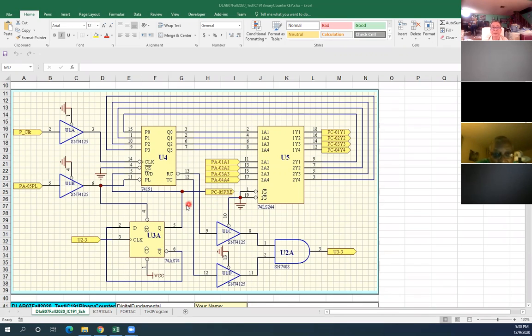Okay, so this is lab number 7, testing the IC 191 binary counter. If you look at this counter here, you can see it has 4 outputs, Q0, Q1, Q2, Q3. That tells you it can be counting from 0 to 15.